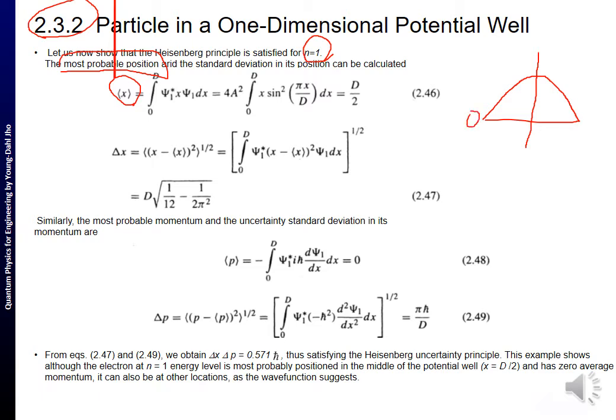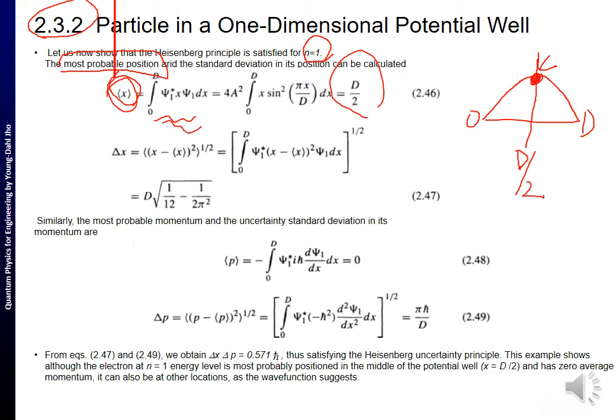If it is x equals 0, if it is x equals d, the maximum amplitude of the wave function is found at the point d over 2, and it is symmetric. So the average value of the position will be here, right? d over 2, we already know from this intuitive picture, and mathematically we go through this calculation.